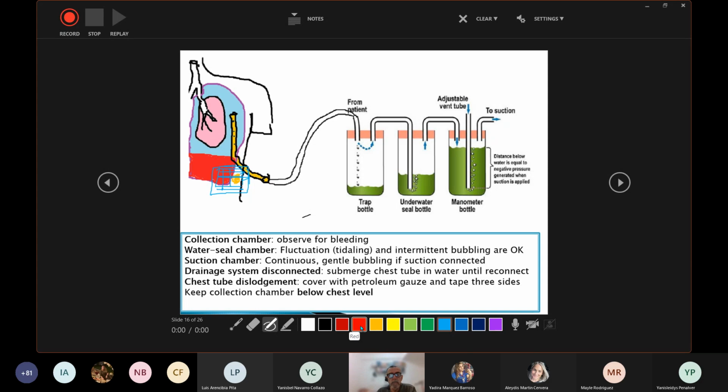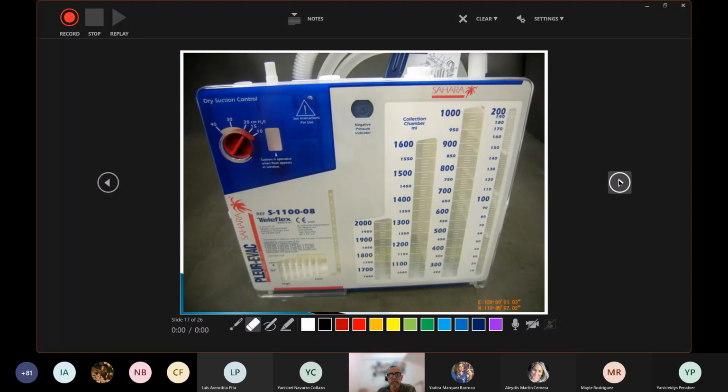And you are going to tape only three sides: one, two, and three. That's it. Those are the classical questions about chest tube. No problem with that.